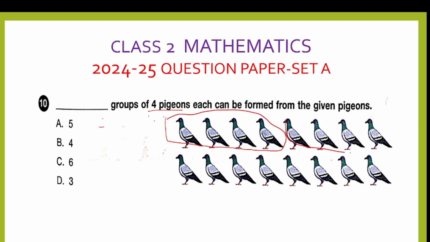Similarly 1, 2, 3, and 4 pigeons. Similarly here 1, 2, 3, and 4 pigeons. And here 1, 2, 3, and 4 pigeons. So how many groups are formed? There are 1, 2, 3, and 4 groups. So 4 groups of 4 pigeons each can be formed from the given pigeons. Therefore the answer for this question is option B.